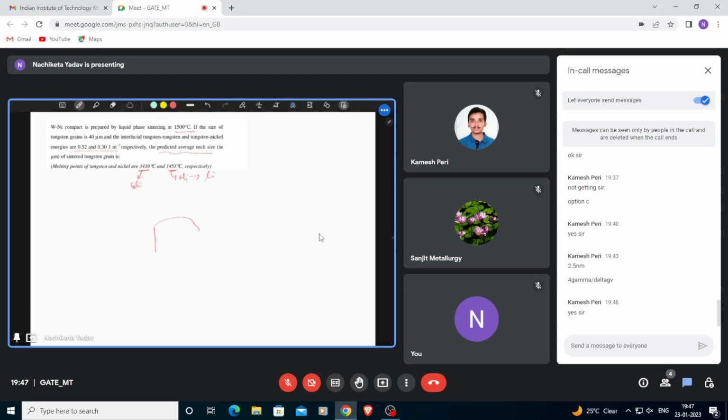Suppose these are two tungsten particles. When compacted, there will be a formation of neck. This is called the neck size.